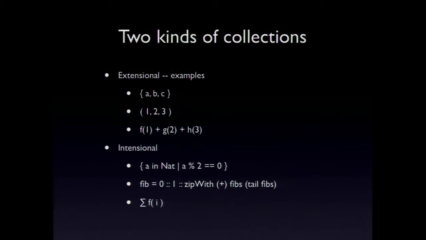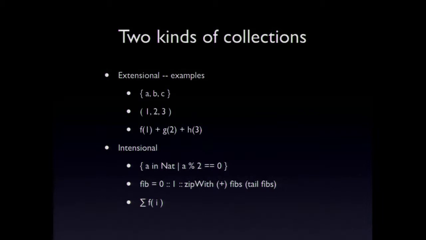If we think of this syntactically, I've got the syntax of a sum that adds up the result of taking F on 1, G on 2, and H on 3. So syntactically, this is still a collection.